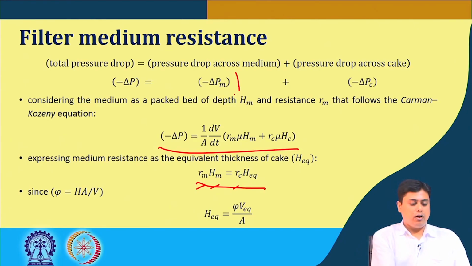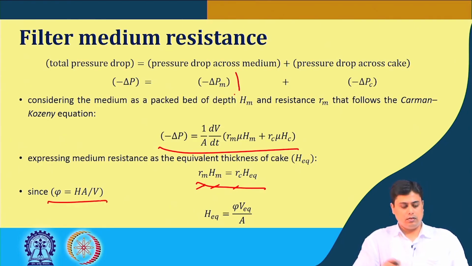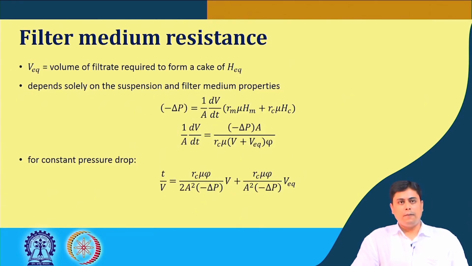Fine. And then we have also seen the amount of this cake, the amount of particle that is deposited. From there we had a relation of Heq, the H equivalent. Now the relation between Veq and Heq is that Veq is basically the volume of filtrate that must pass through the filter media to form a cake height of H equivalent, and this property solely depends on the suspension and filter media properties.